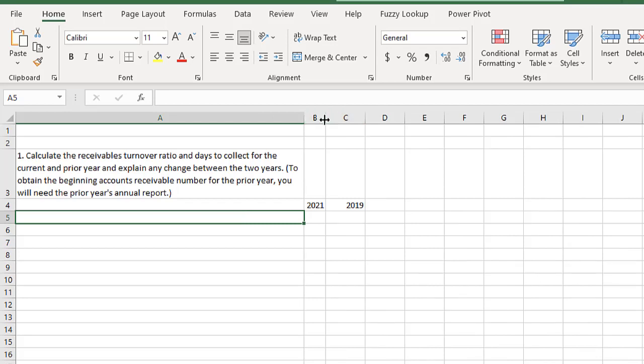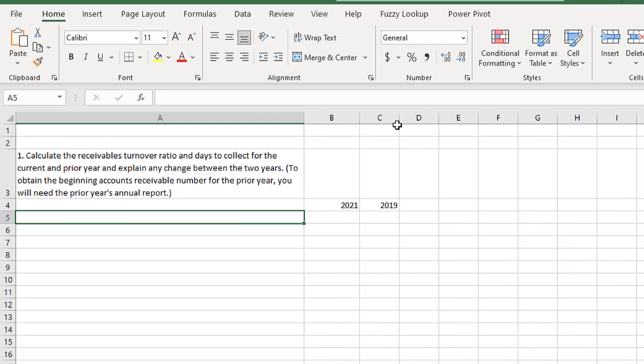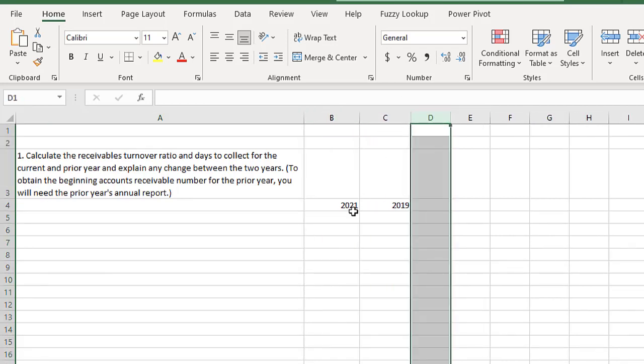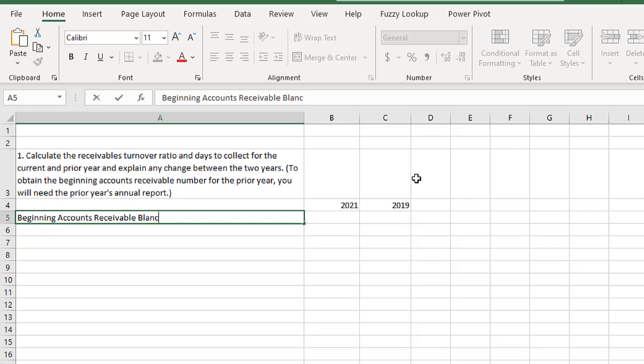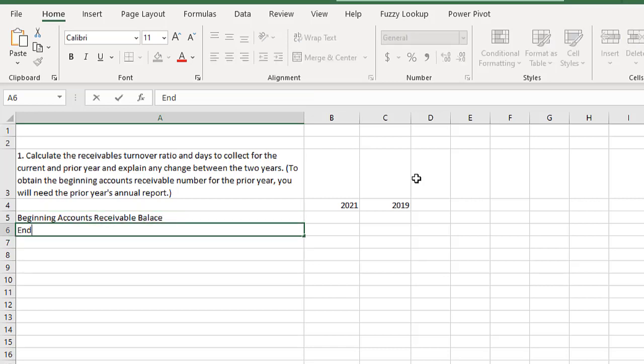For 2021, I'm going to need my beginning accounts receivable balance. And my ending accounts receivable balance.